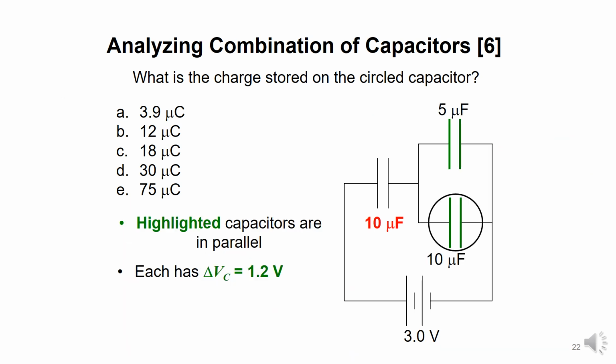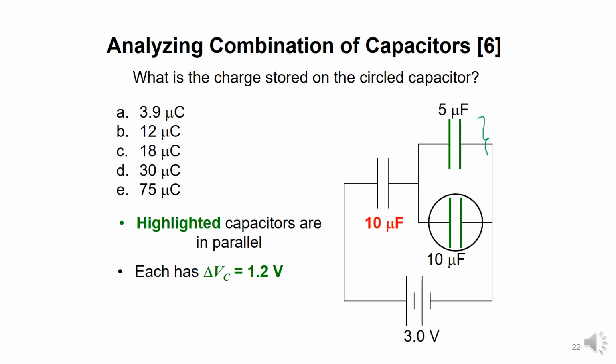So in the next slide, we'll look at the next most simplified circuit. This is what we do. Actually, we replace the equivalent capacitor to the ones in green with the original form, the 5 microfarad and the 10 microfarad. And we know the voltage across this combination is 1.2 volts, which tells us that the voltage across each of the capacitors in green should be 1.2 volts.